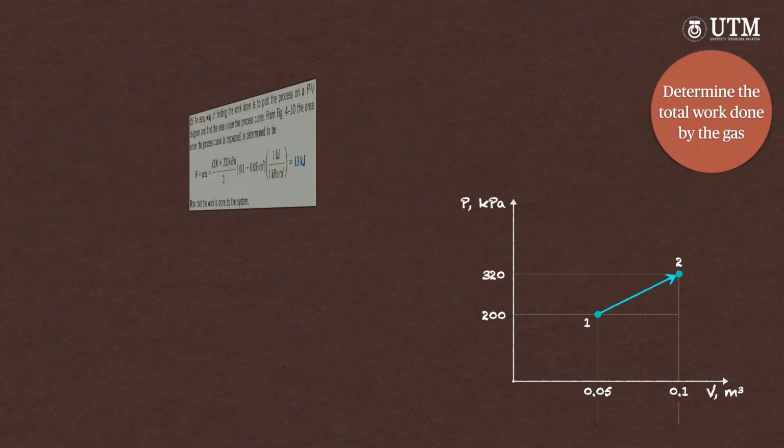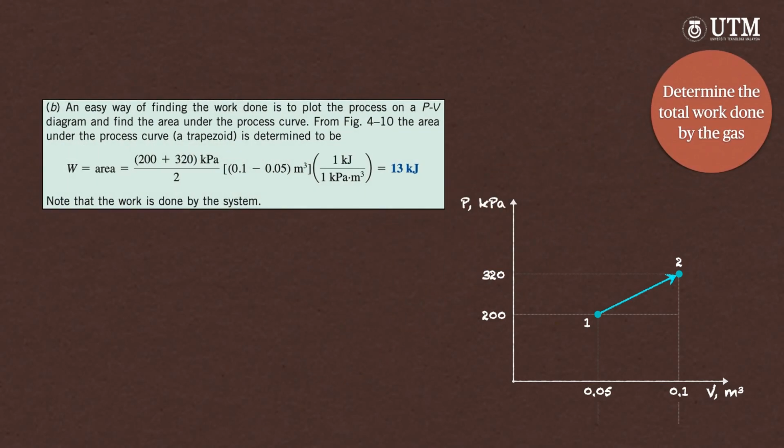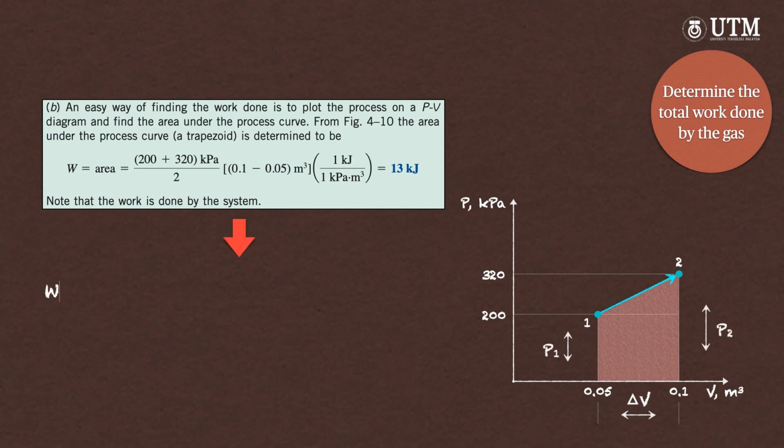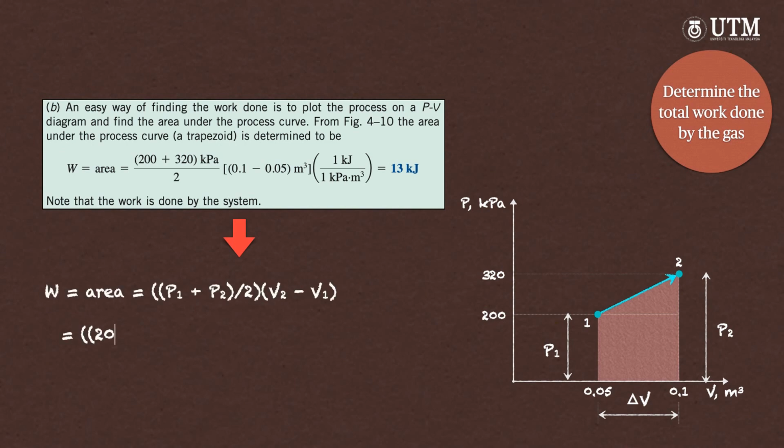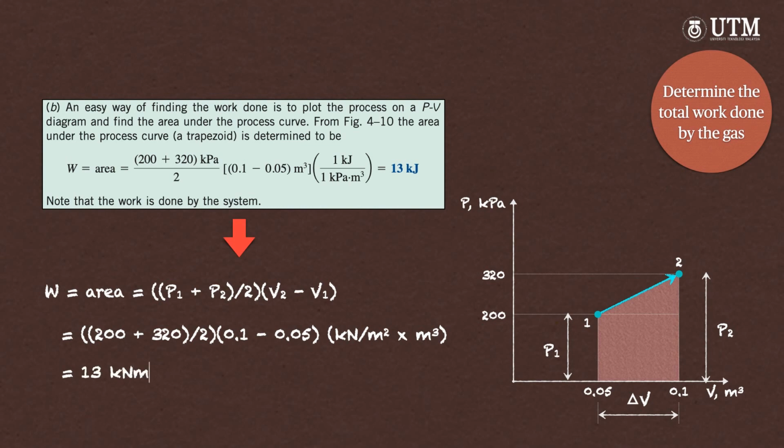To find the work done quickly, we can plot the process on a PV diagram and find the area under the process curve, as demonstrated here. Note that the work is done by the system.